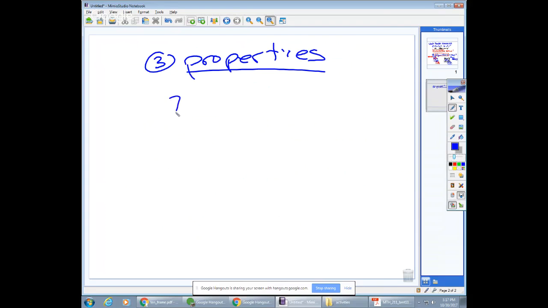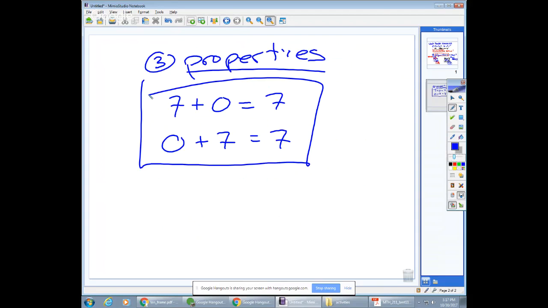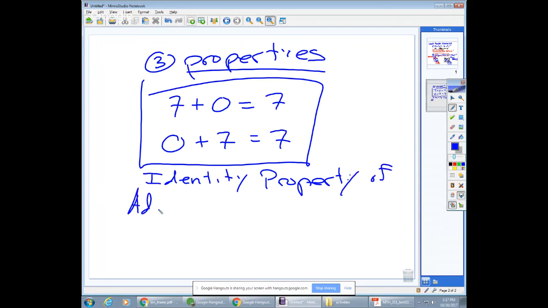You pick any number like 7, you add it to 0, it's still 7. If you take 0 and do that first, it's still 7. 0 and this set of operations give us what's called the identity property of addition. No matter what I add 0 to, that number keeps its identity. It doesn't change.